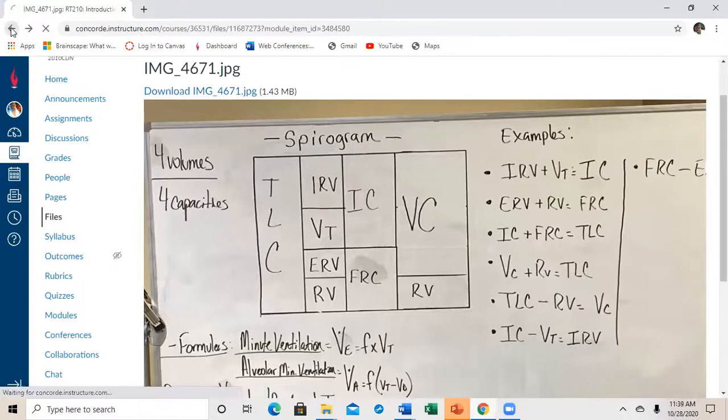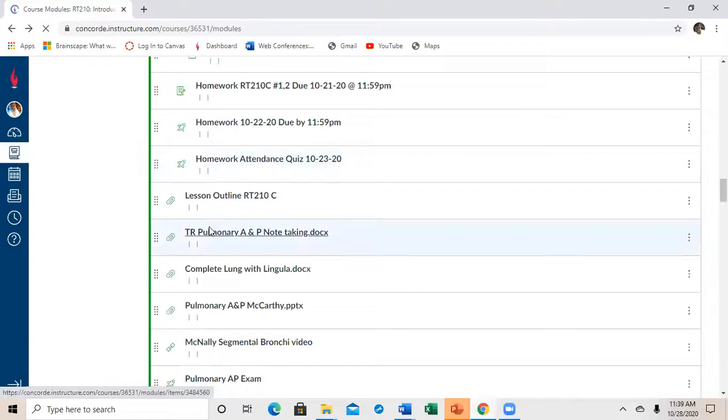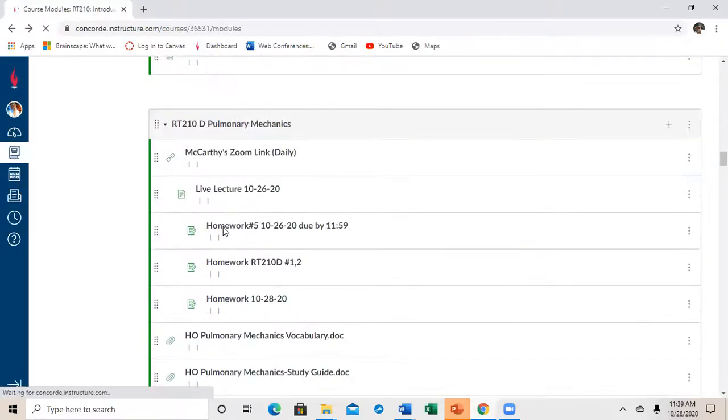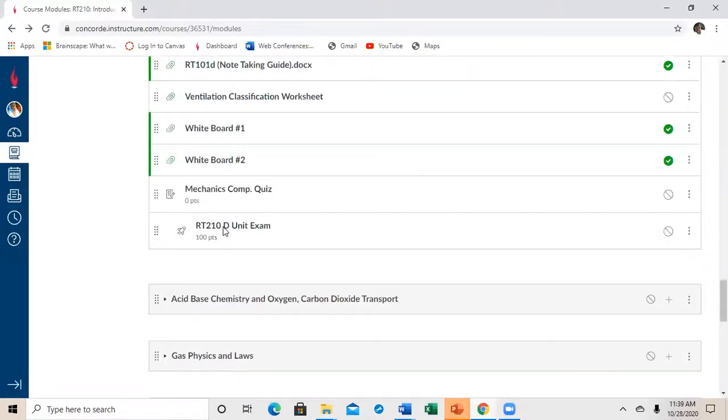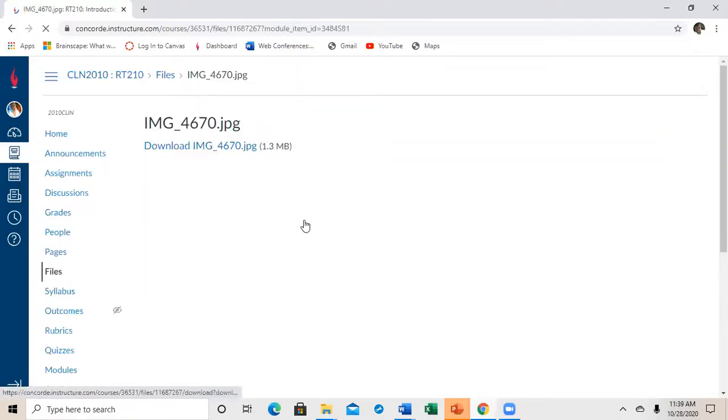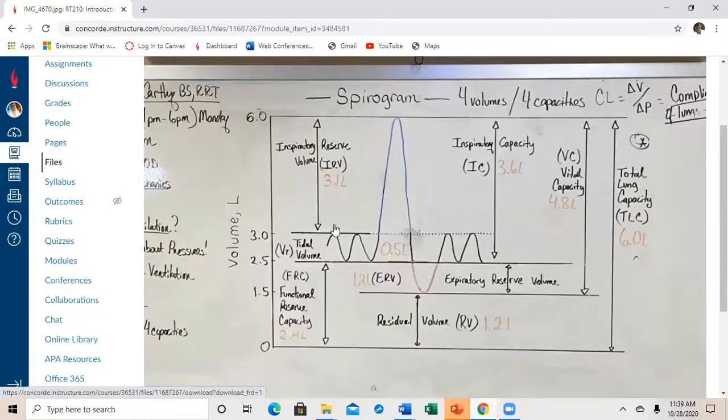All right, so that's whiteboard number 1. Then I gave you whiteboard number 2. I think this is the one with the waveform. Yeah, this has the same spirogram, but in waveform, right? In, normal out, normal in, normal out, normal in, and then the gas that I can move after a resting inhalation is this part.